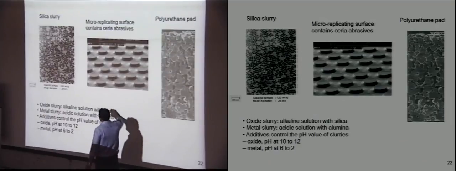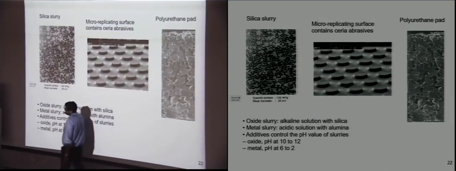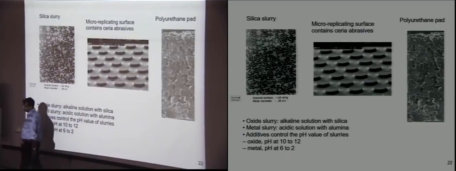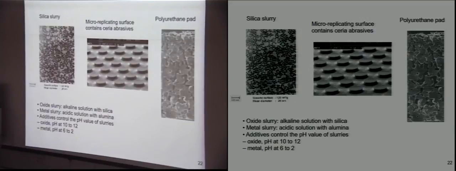So over here it's written, oxide slurry is normally an alkaline solution with silica in it. Alkaline solution means your pH will be very high. Acidic solution, pH will be very low. Normally you may be using aluminum oxide, and you could have other additives inside. We will go into more detail in a bit. There are many things that go inside the slurry.